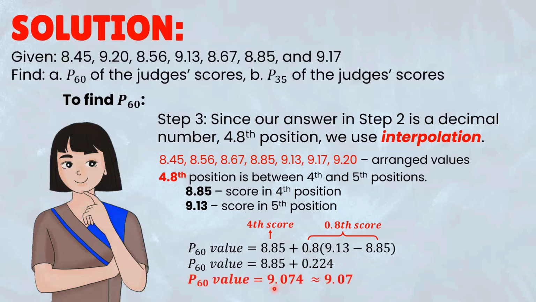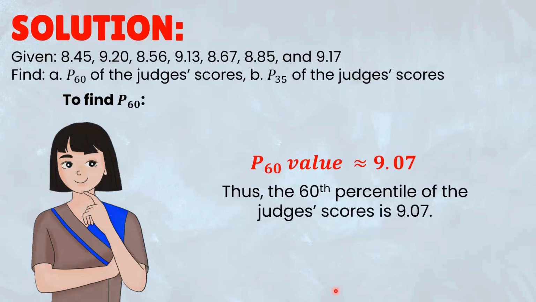Adding the 8.85, we get 9.074, or rounding that off to the nearest hundredths or 2 decimal places, percentile 60 value is equal to 9.07. So thus, the 60th percentile of the judges' scores is 9.07.